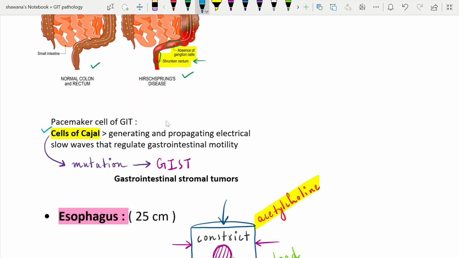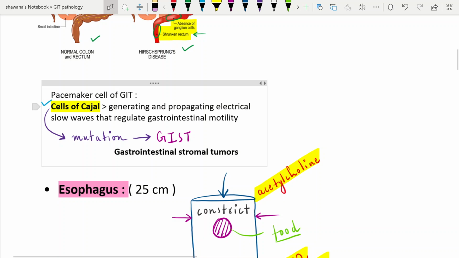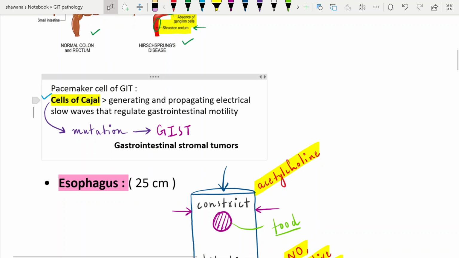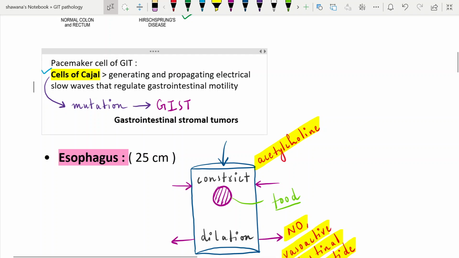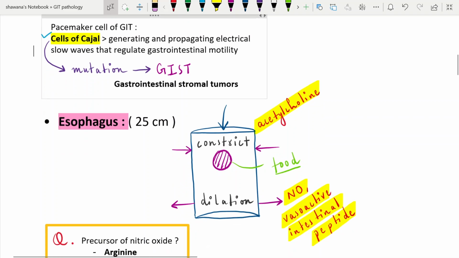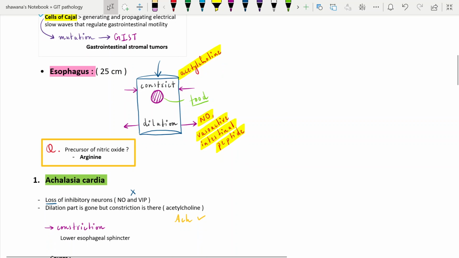It means that gastrointestinal stromal tumors can occur when there is a mutation in the cells of Cajal. It's worth mentioning here because our topic is GIT disorders. This was a brief introduction. Let's begin with the esophageal disorders.